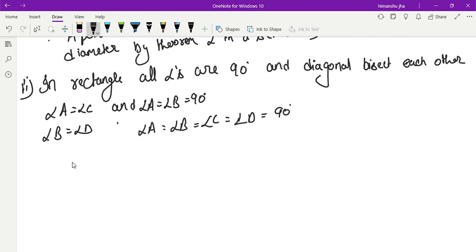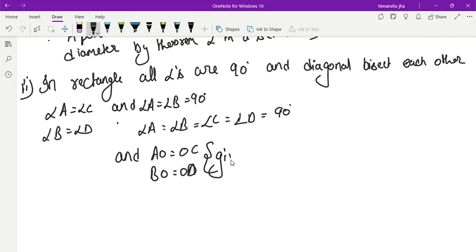If all angles are 90 degree, and we already know diagonals bisect each other, so AO is equal to OC and BO is equal to OD.